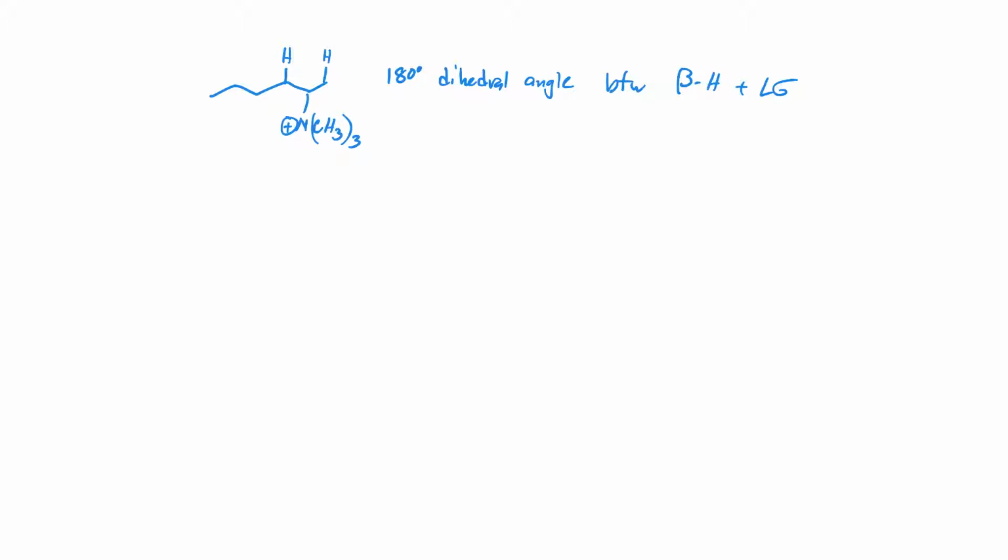So I'm going to draw two Newman projections here. I'm going to draw the first one looking along the C-C bond in the middle of the molecule, showing what we might experience if we're going to try to form the more substituted alkene. And so my Newman projection here, if I'm looking along that arrow, I would have the 3-carbon chain right there.